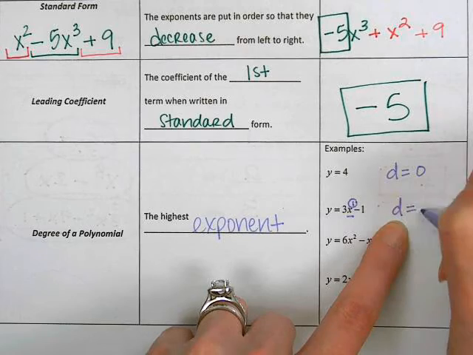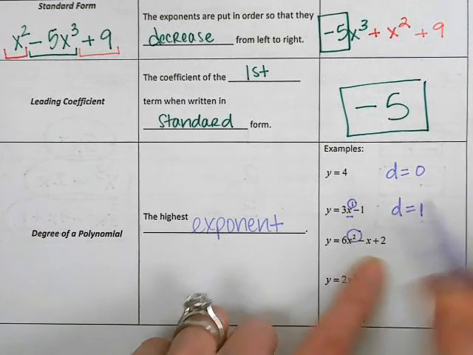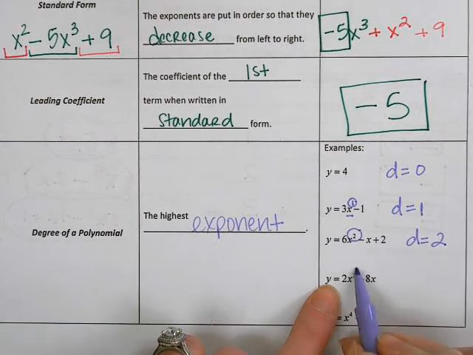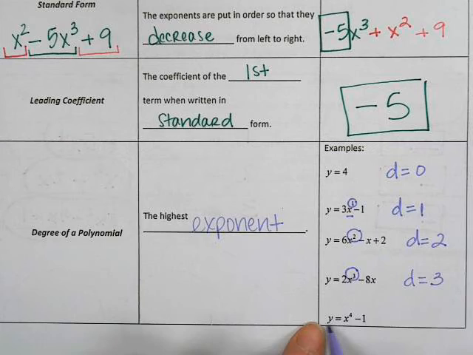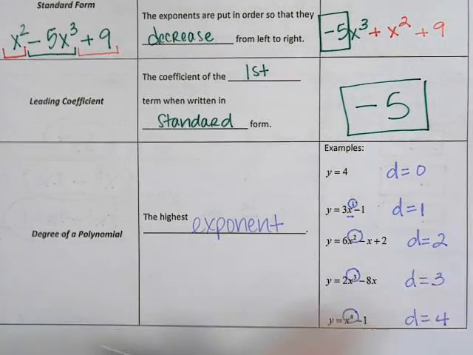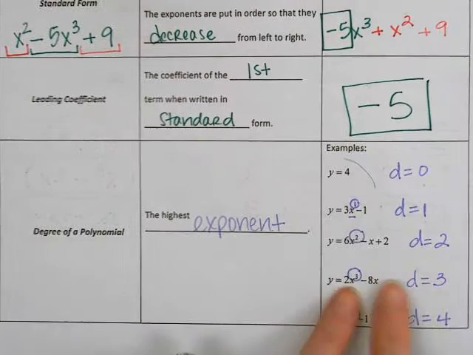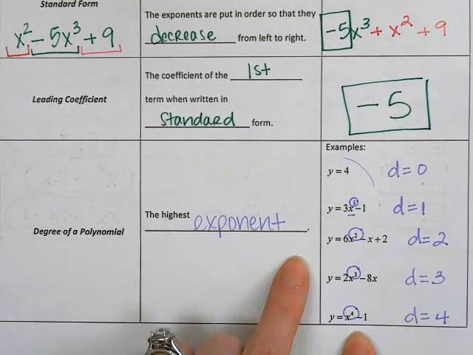So the degree is 1. This one, the highest degree is 2. This one, the highest power is 3, so the degree is 3. And this one, the highest power is 4, so the degree is 4. So it's just the highest power. But be careful. Sometimes when they're not written in order, it's not always the first one.